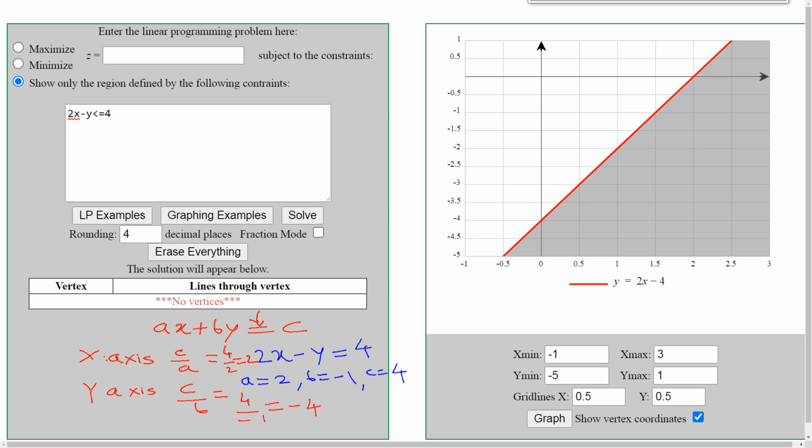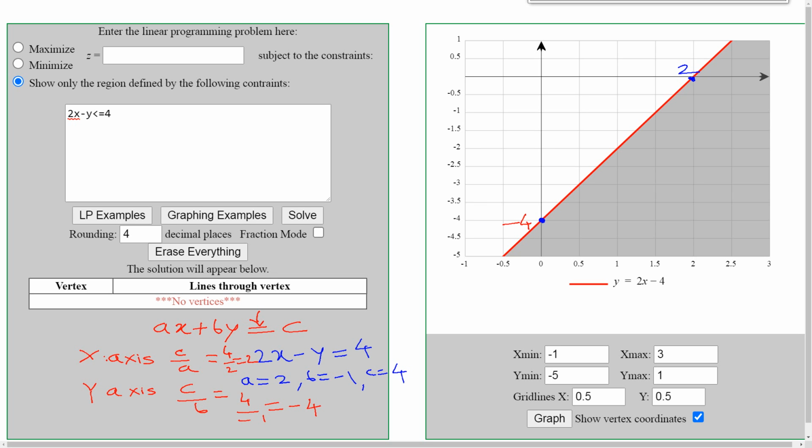Here you can see that point on x-axis is 2 and point on y-axis is minus 4, as is clear from this graph.